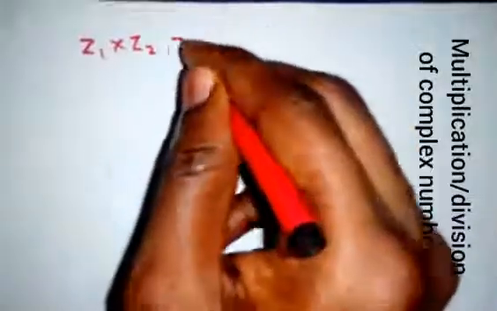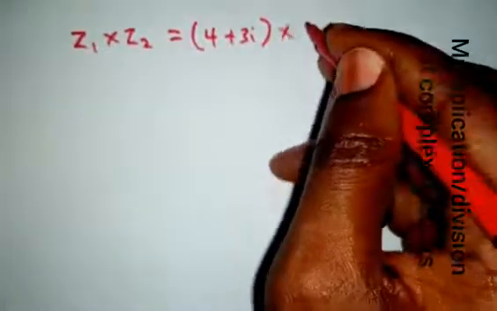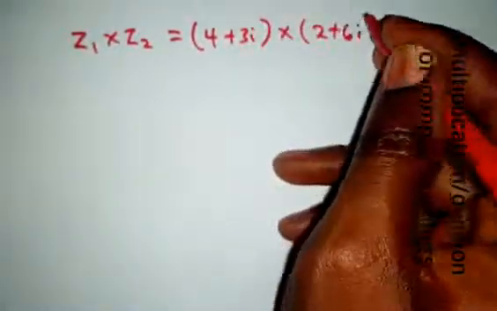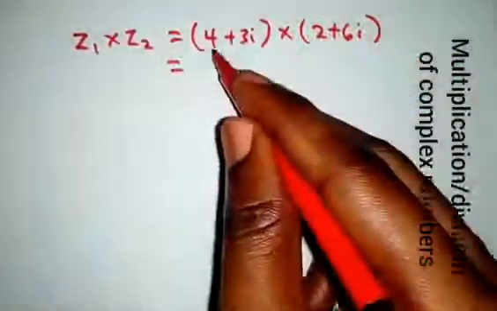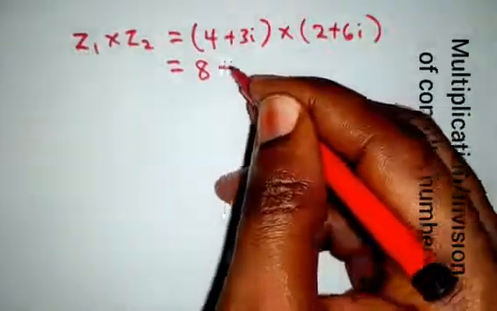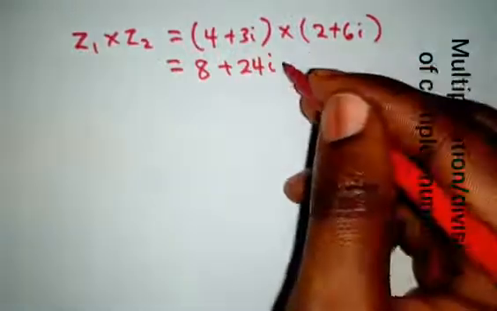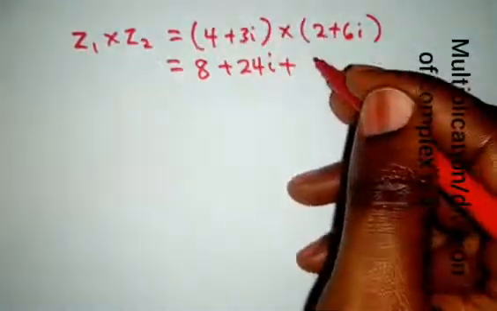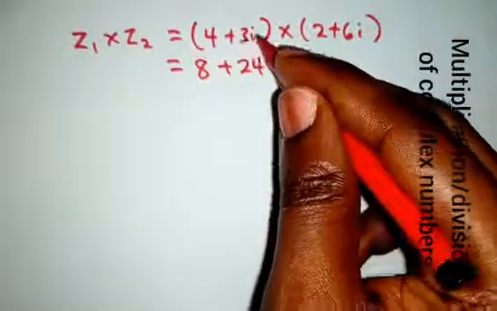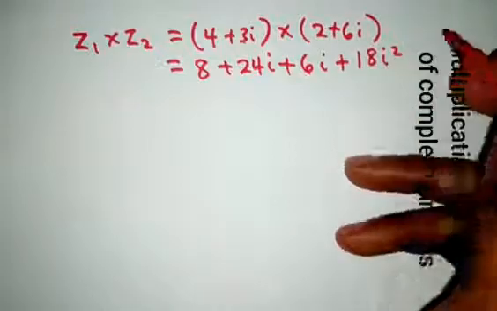We can also multiply two complex numbers. So if we have z1 times z2, that gives 4 plus 3i times 2 plus 6i. And this gives, so we multiply them term by term. 4 times 2 gives 8, plus 4 times 6i gives 24i, plus 3i times 2 gives 6i, and 3i times 6i gives 18i squared.